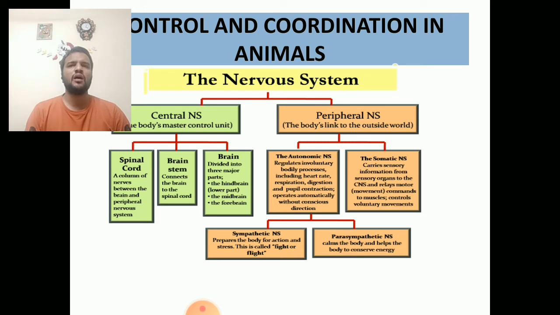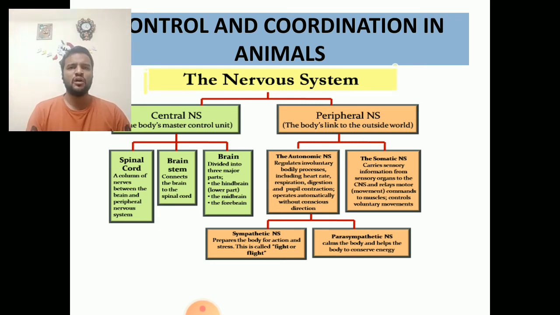Glands are parts or organs of the body which produce certain specific chemicals called hormones, which play an important role in metabolic processes of our body. These endocrine glands help in control and coordination in animals.